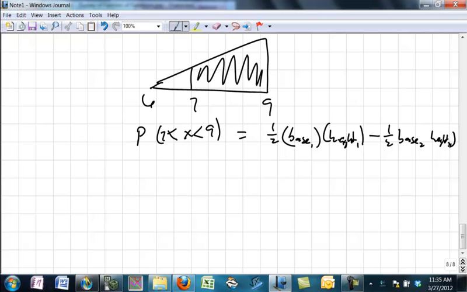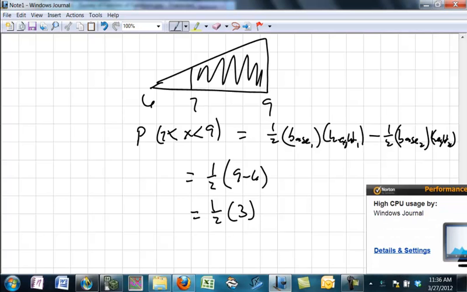So the big triangle, actually we've already done this one, has a base from 6 to 9, which is 3, and a height of, well, remember this was our basic height. I think we got that listed over here. At the highest point, that was 2/11.